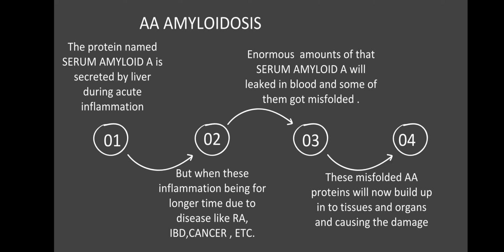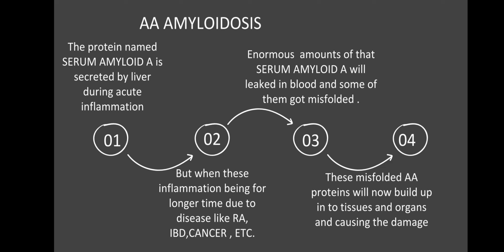But when the inflammation lasts for a longer time, in diseases like IBD, RA (rheumatoid arthritis), or any kind of cancer, this serum amyloid A is secreted in larger amounts and leaks into the blood. The same happens with this amyloid also.